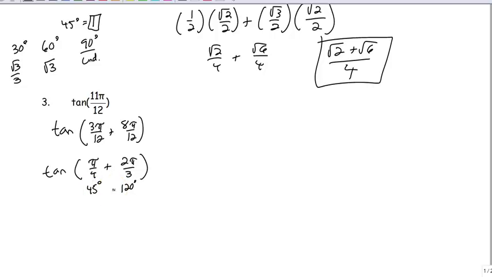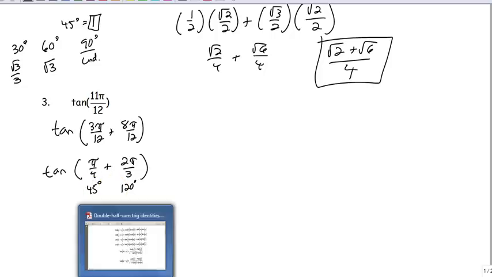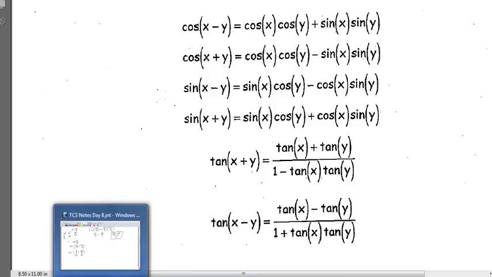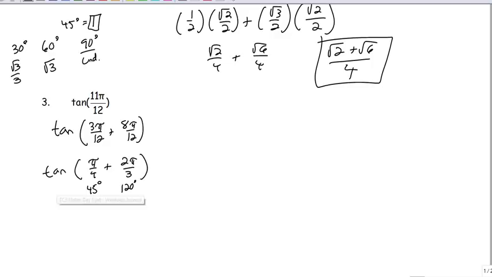All right, so going back to the sheet real quick, tangent is this kind of crazy formula. Again, you will get these on the test, and so I did an adding one.